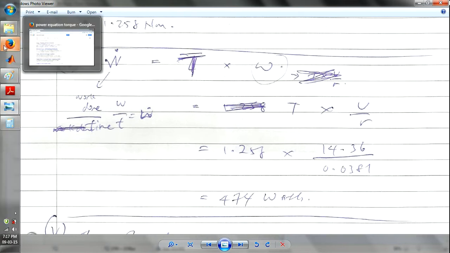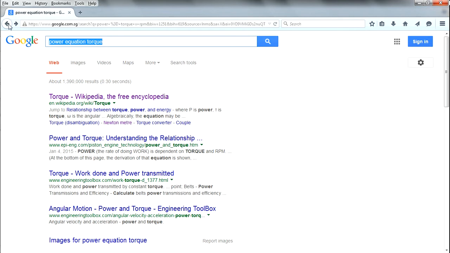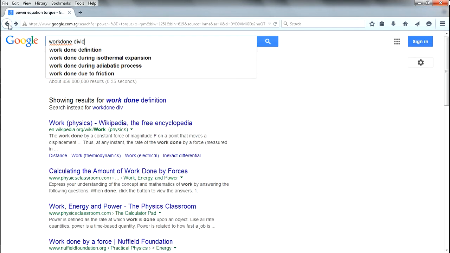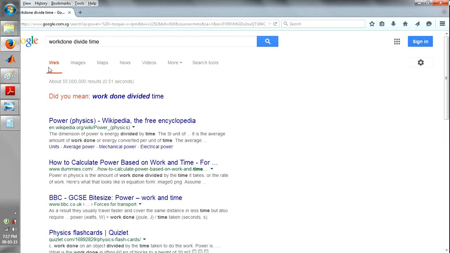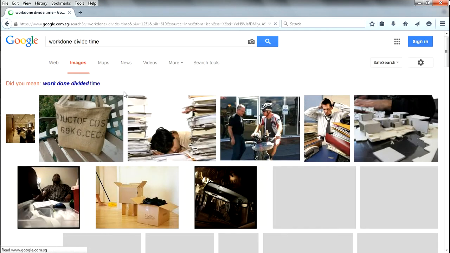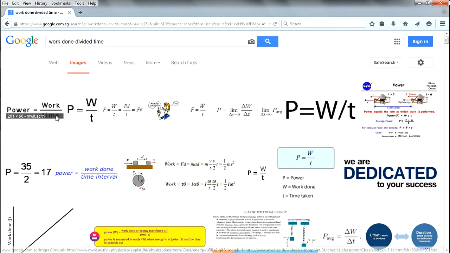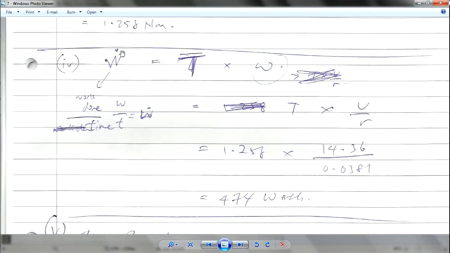If you want to prove it again, work divided by time gives power equals work over time. So power equals the torque force times the angular velocity. Make sure you know that this is work done over time.